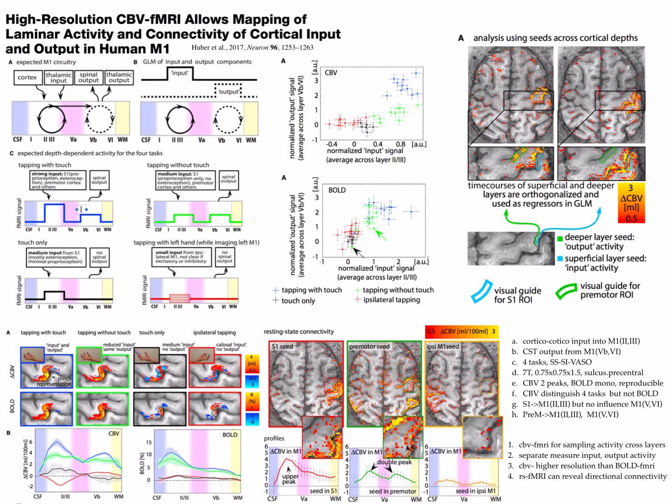So the author used a sequence called the SS-SI-VASO sequence. The full name is slab saturation, slice inversion, vascular space occupancy.